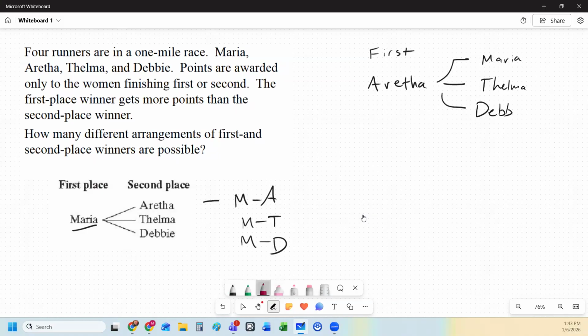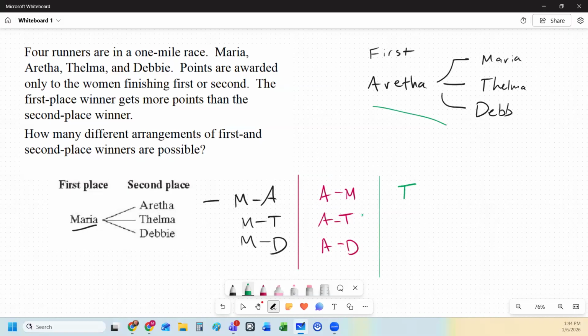And so I'm going to write these as another set of first and second place winners. So AM or AT or AD. And I can keep doing this with all of these. I don't have to draw out this actual diagram every time.